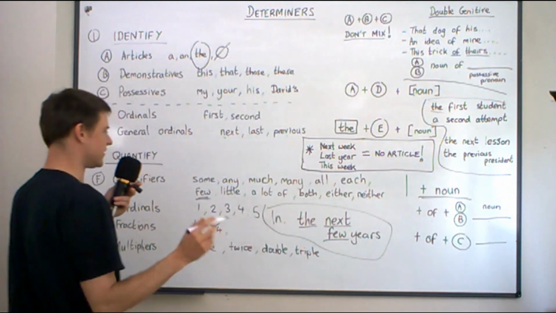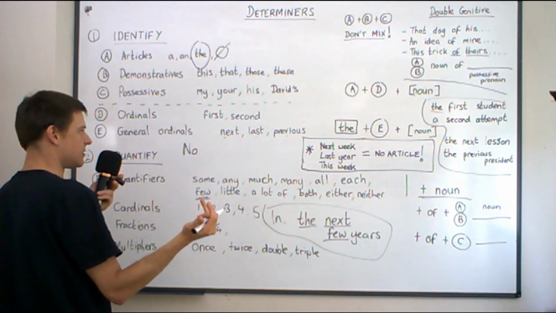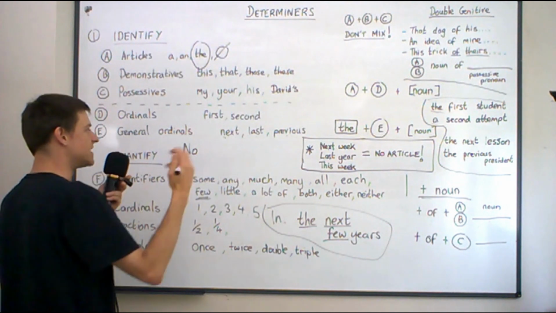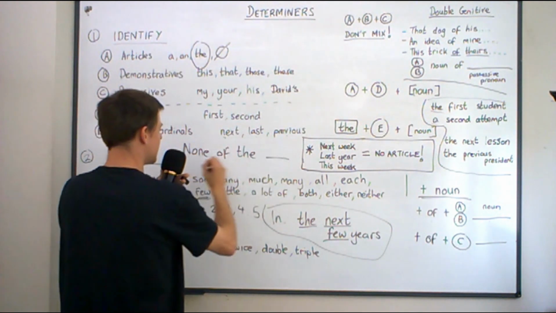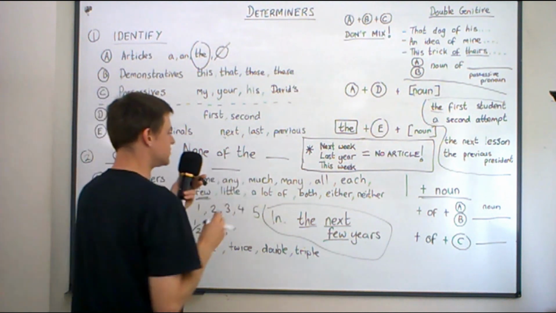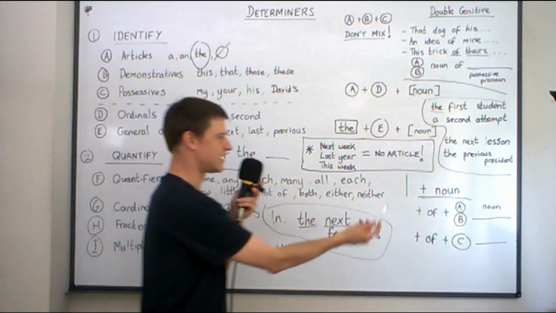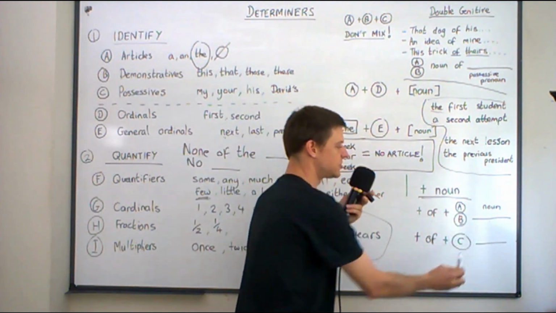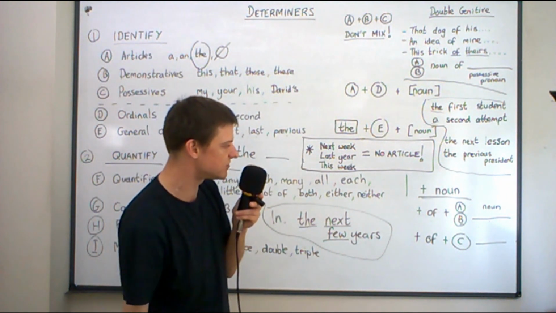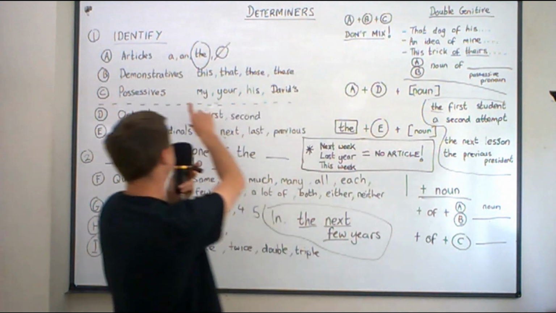It's not always like that. So for example, with no, you say no students came to the last class, or you say none of the students. So none of the is the same as no plus noun. No students, none of the students. But with most quantifiers, we can say some students, some of the students, some of those students, some of these students. And also we can do it with the possessives.